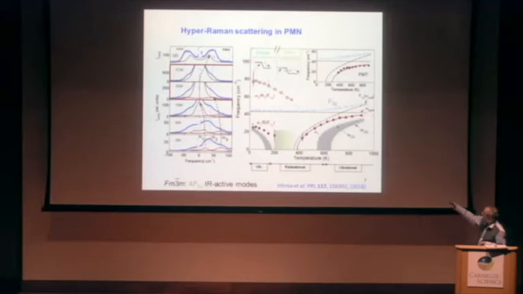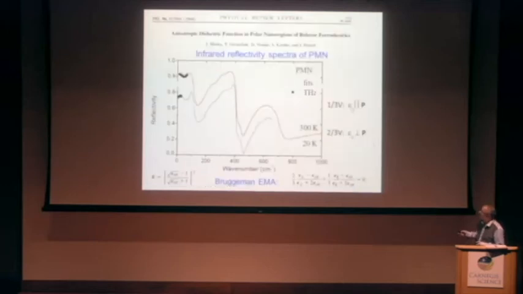It is coupled with the soft mode, this one, and therefore it appears in the spectra. The same is in PMT as well. So it looks like general behavior in relaxors. Some time ago, we investigated infrared reflectivity spectra, and we see practically splitting of all phonons.